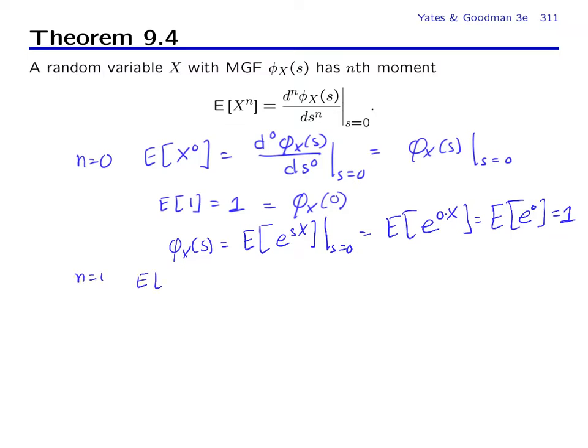At n equals 1, we get the first moment, the expected value of X, and we get that this is the derivative of the moment generating function with respect to s, d/ds, evaluated at s equal to 0. To see where this comes from, it's better to step back and say, well, here's our definition of the moment generating function, E of e to the sX.